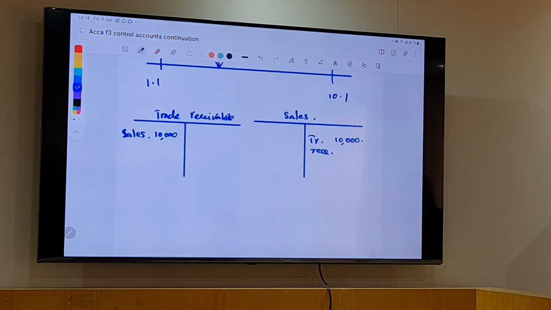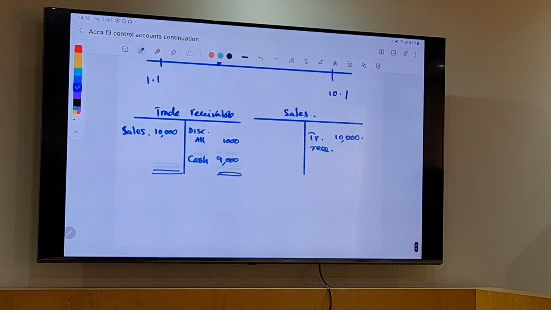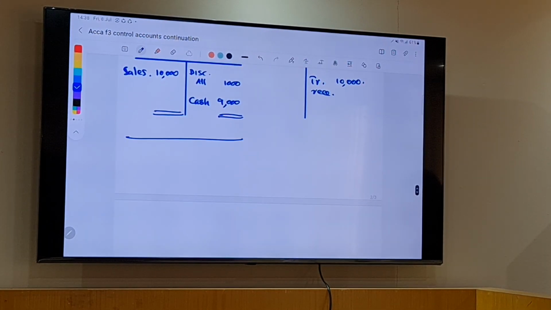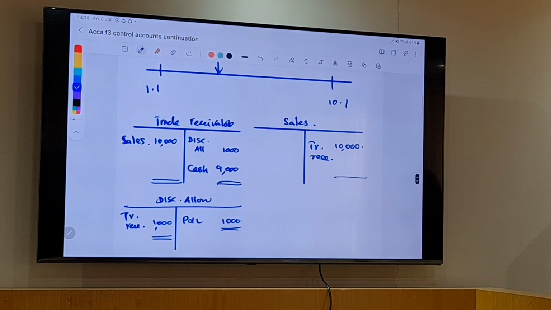Now I am offering a discount allowed of 1,000, and then I am receiving cash. Now we open the discount allowed account, coming from trade receivable 1,000, and this I will transfer to the profit and loss as an expense, and we will balance this now.